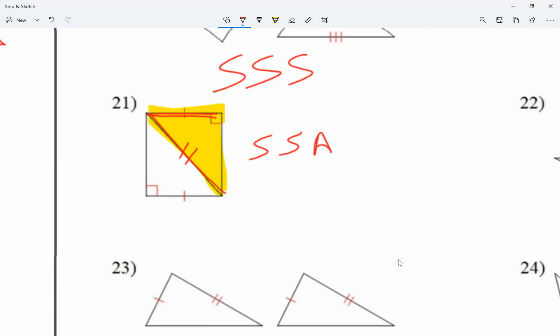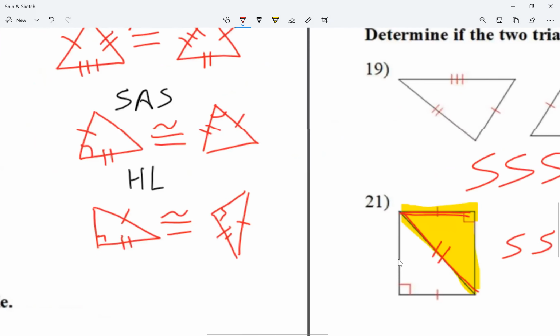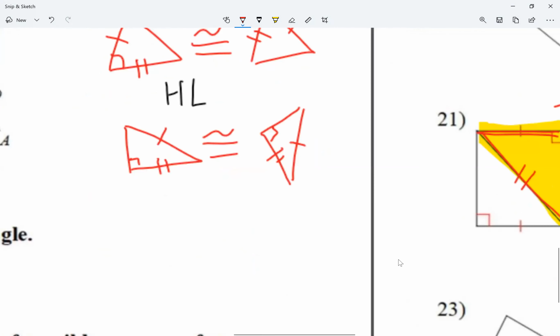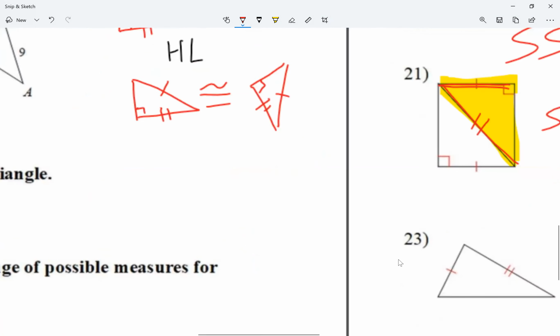So side angle. Before I continue, let me go back to my three rules that I showed you. Side angle side, hypotenuse leg. Side angle is not one of those three. Side angle does not work. There is one exception when side angle works.